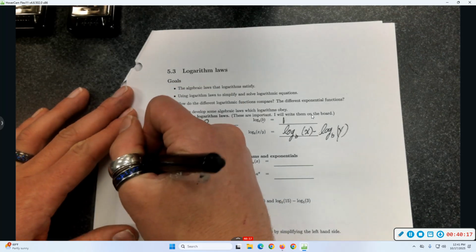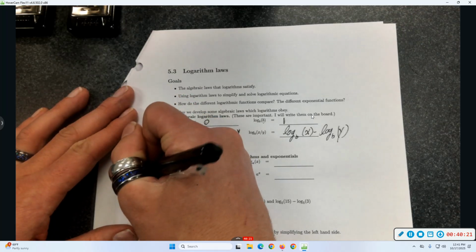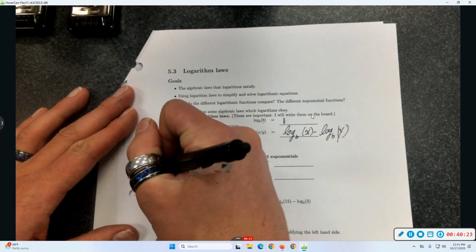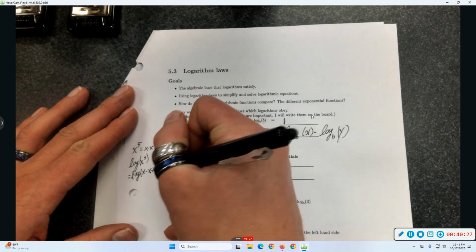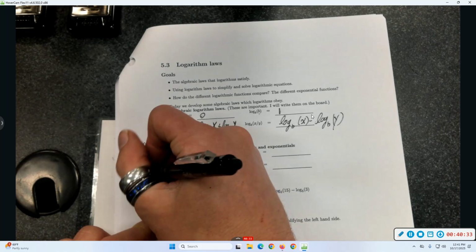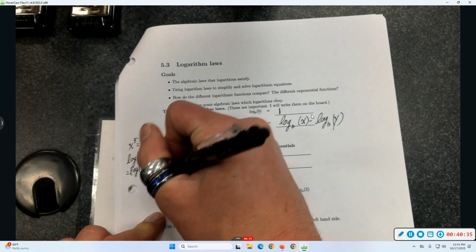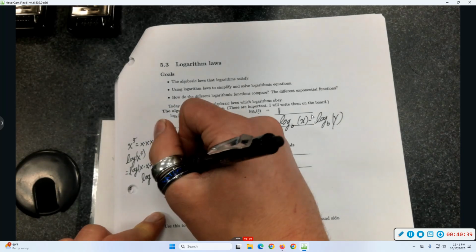So, let's think about what that means about log of x to the 5th. That would be the log of x times x times x times x times x, with multiplications between each. Each of those is going to become addition, right? So that's log x plus log x 5 times.